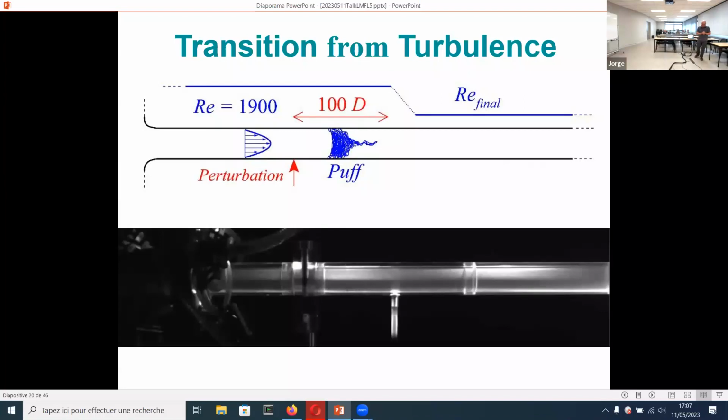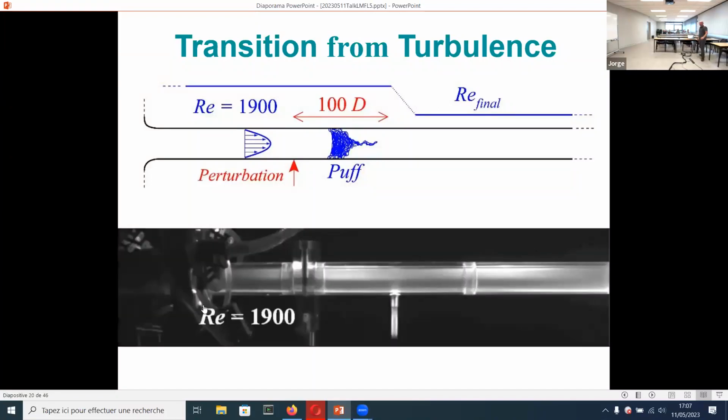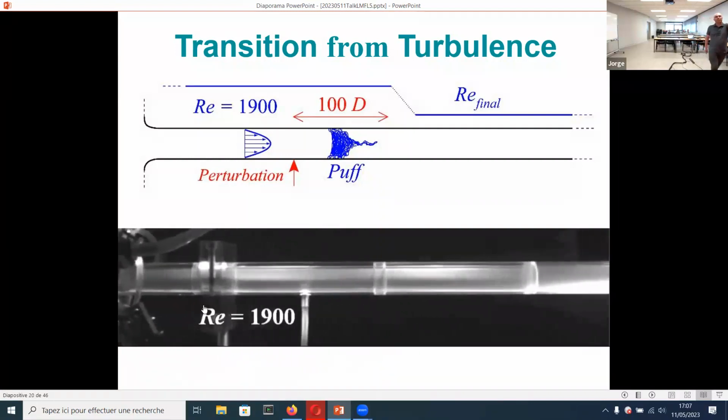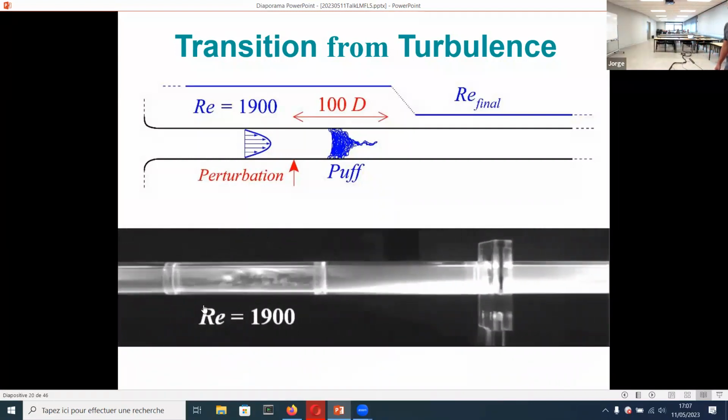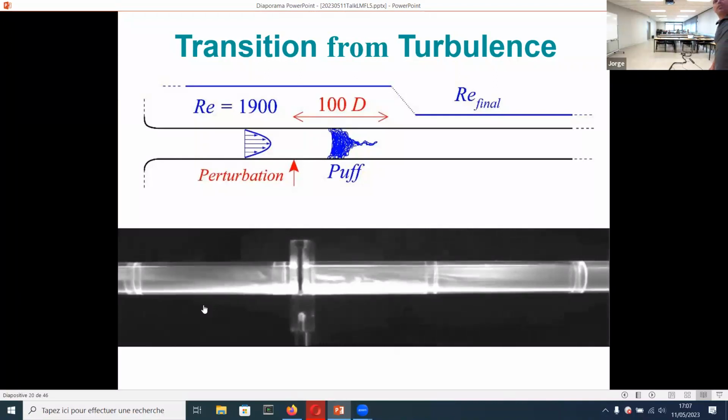To try to have a more definite answer about what happens at low Reynolds number, we also did a slowdown experiment where we created a puff at a Reynolds number of 1,900 by injecting, and with the camera we follow this puff.